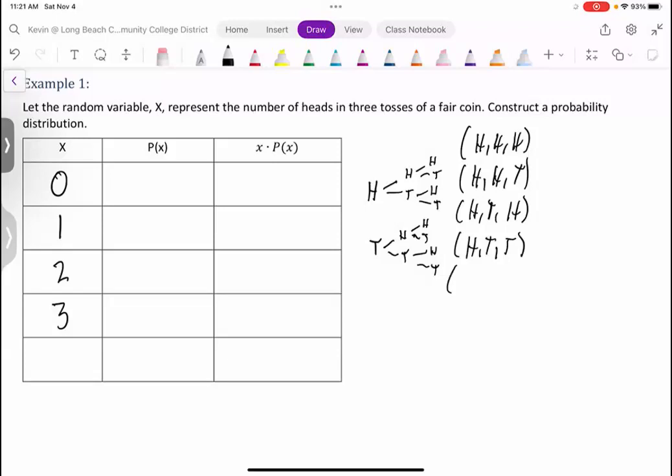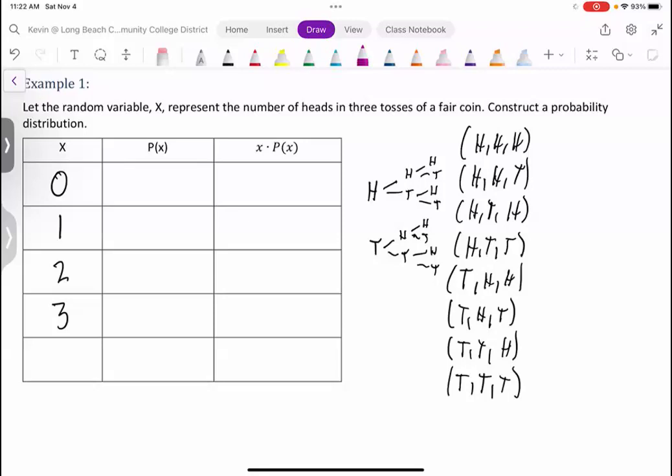We also have tail, 2 heads, tail, heads, and a tail, tail, tail, then a heads, and 3 tails. This is my entire sample space, and the size of it in this case is 8. So that's going to be my denominator for my probabilities each time.